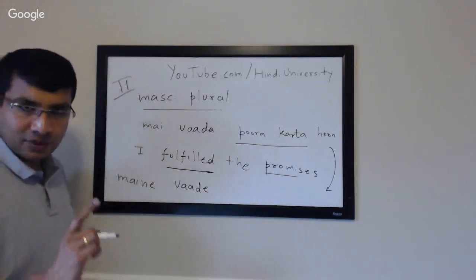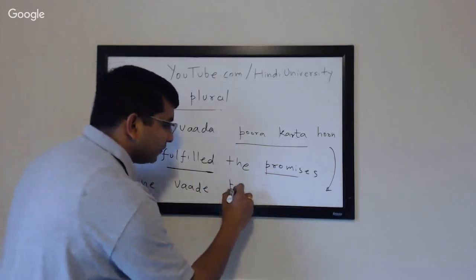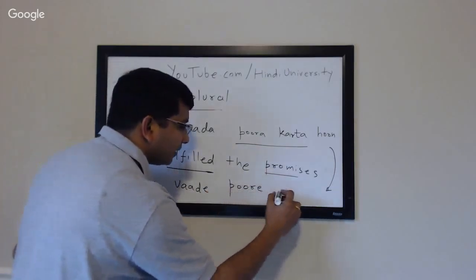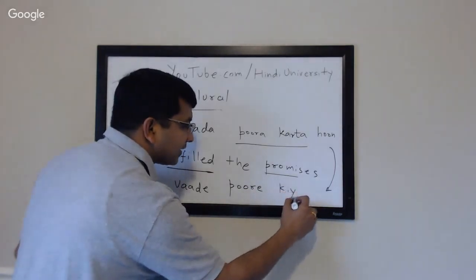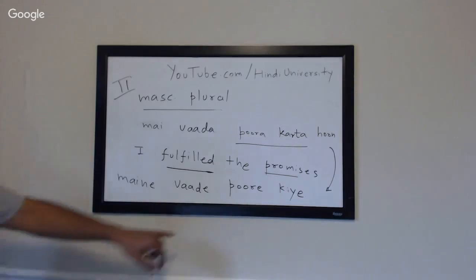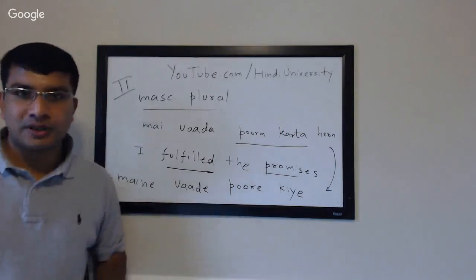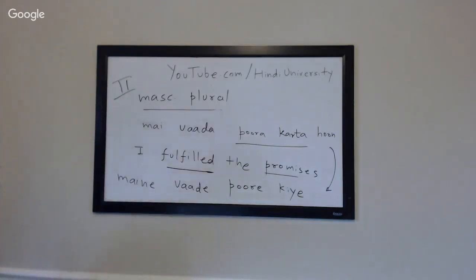Vada is one promise. Vade is plural. I fulfilled my promises. If it is one, then you will say मैंने वादा पूरा किया. So just notice the difference there.